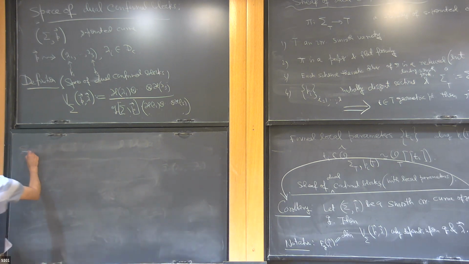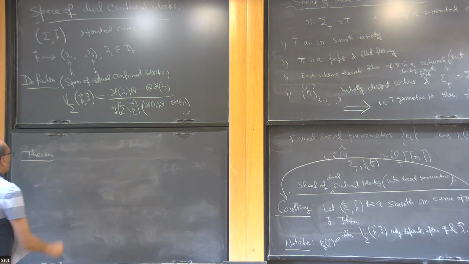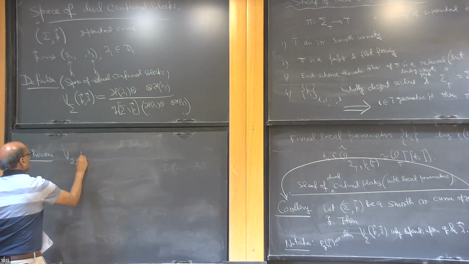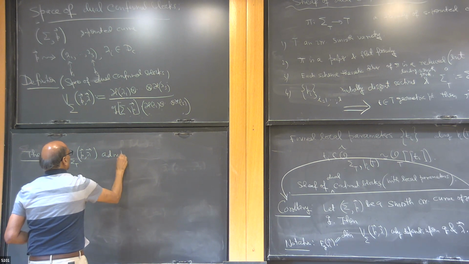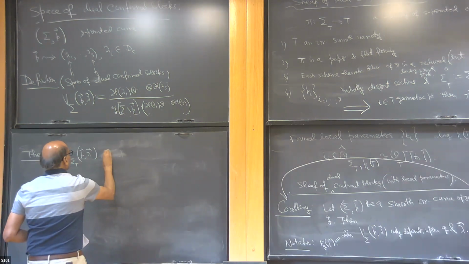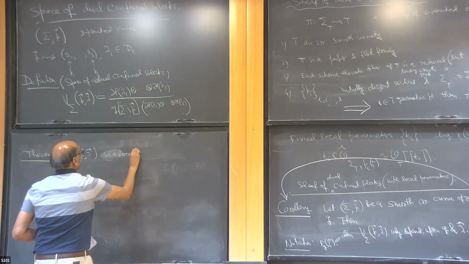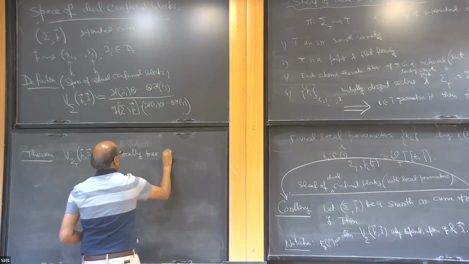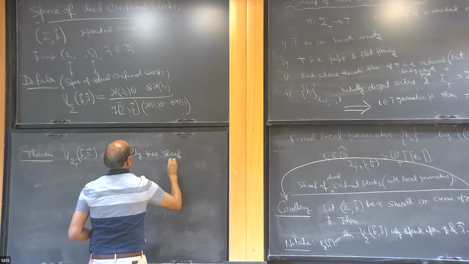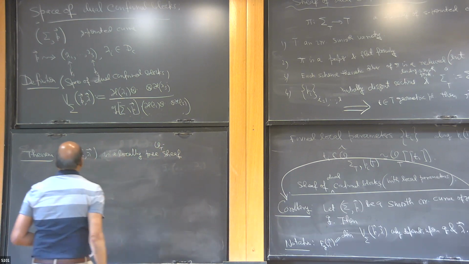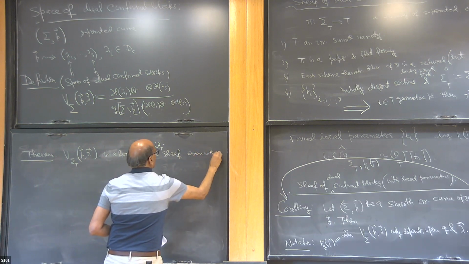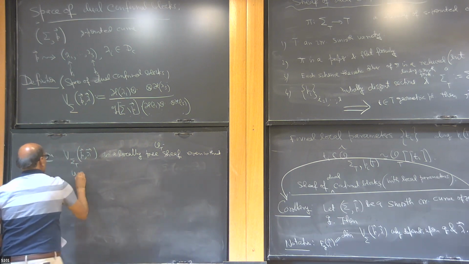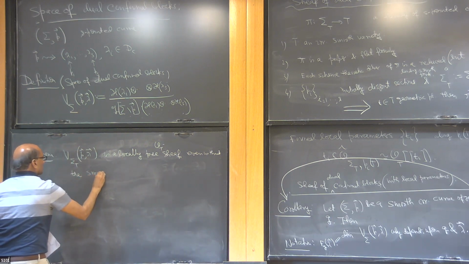So let's say that V of sigma t p lambda is a locally free O sheaf even without the smoothness assumption.